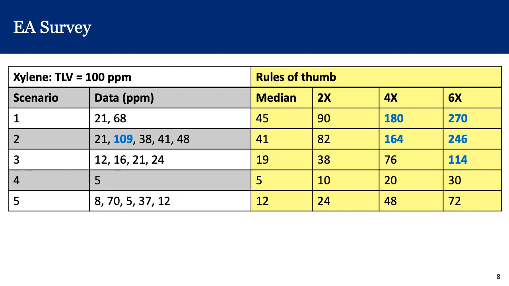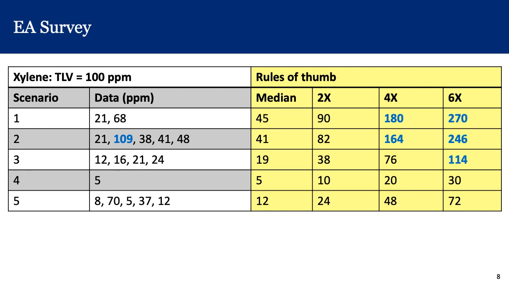The third scenario has 4 data points, and you can see 12, 16, 21, and 24. They're fairly tightly clustered. So we can calculate the median as the average of the 2 middle points, 16 and 21. And so that comes out to be 19. And you multiply 19 by 2, 4, and 6. So you get 38, 76, and 114.